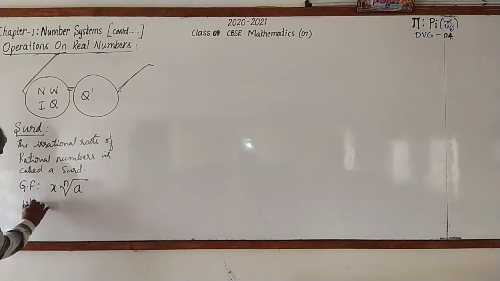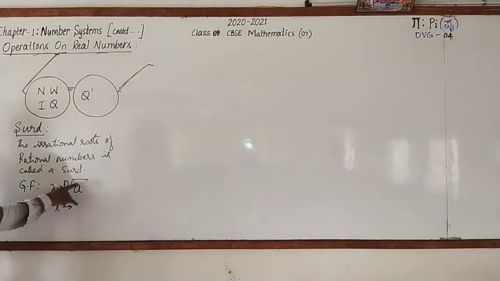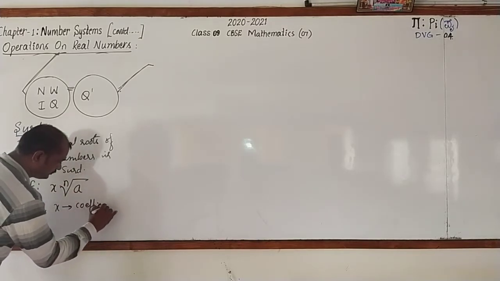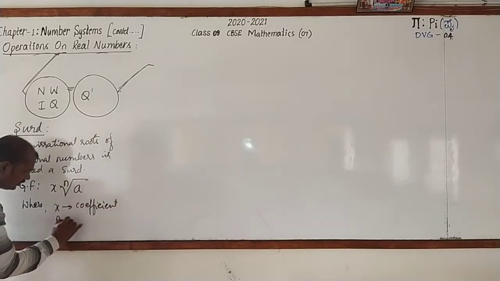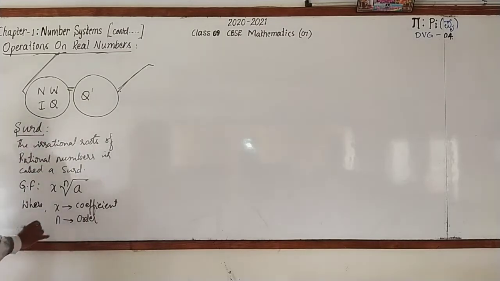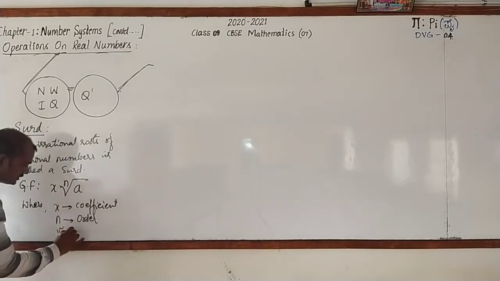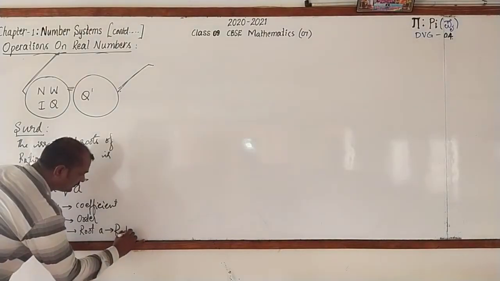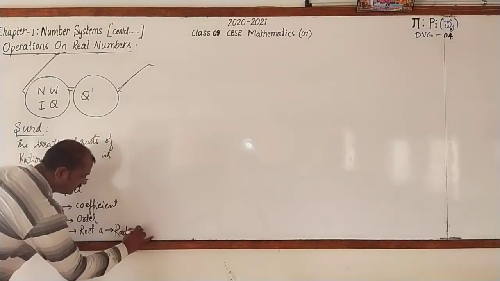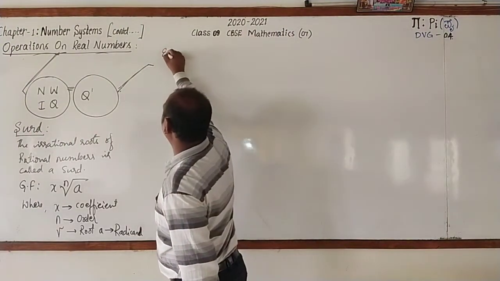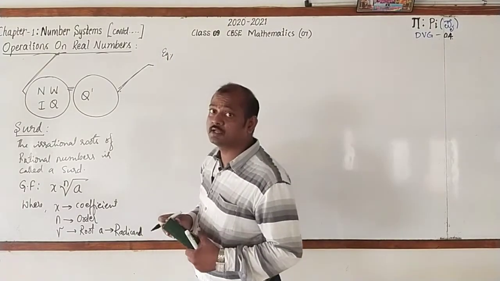Where x is called the coefficient, n is called the order, then this symbol is the root, and one more, a, is called the radicand. Radicand. Clear?